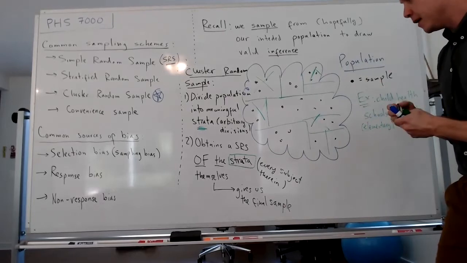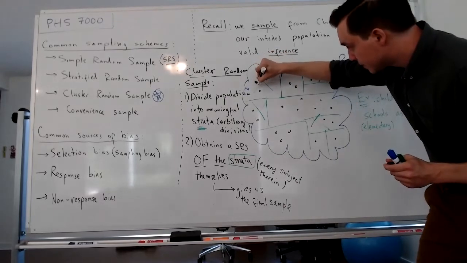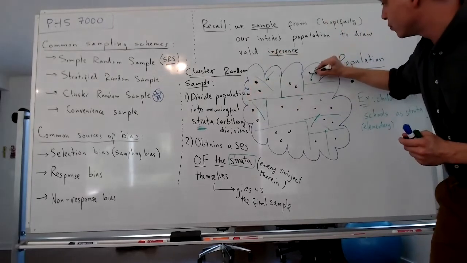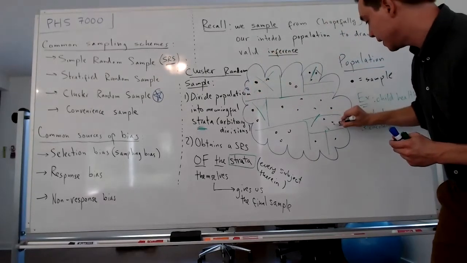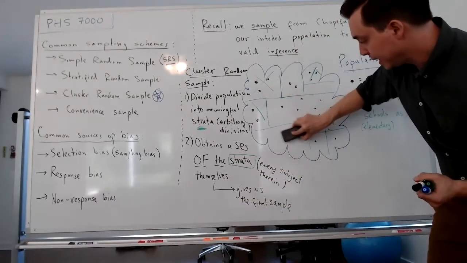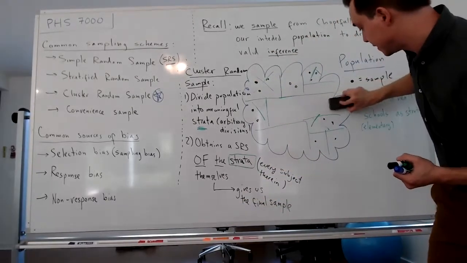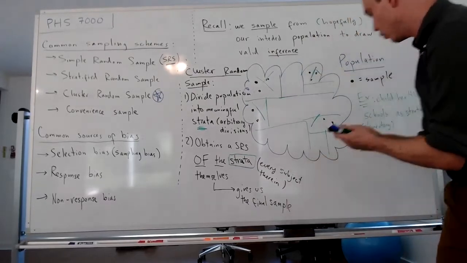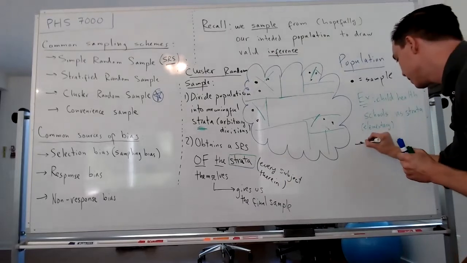And now every subject, these 3, these 2, these 3, and these 2, but not these, would make it into my sample, right?